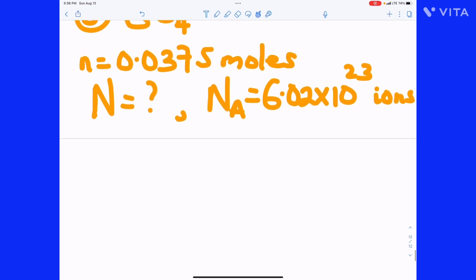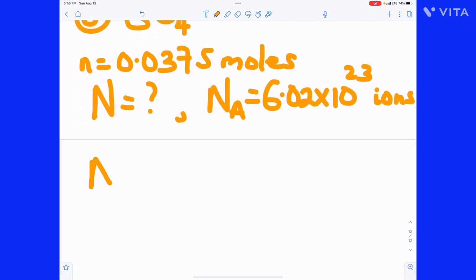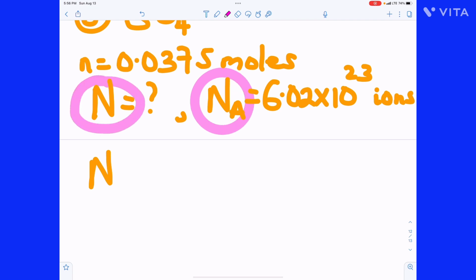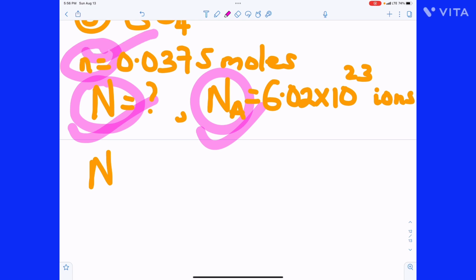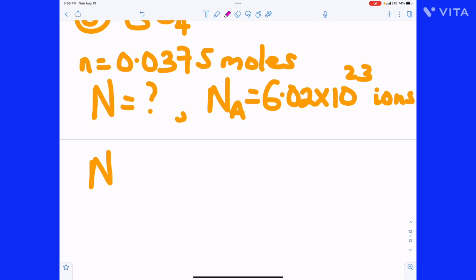That means number of ions using the formula. Remember, what formula connects Na, Avogadro number, N, number of particles, and small n, number of moles? N is equal to n times Avogadro number.